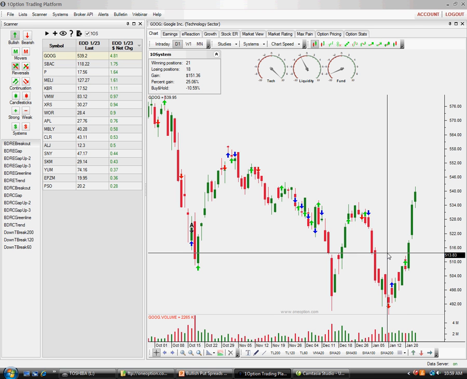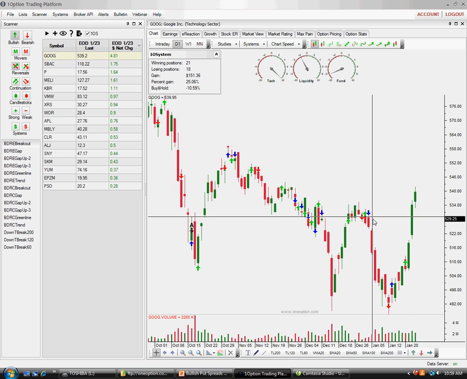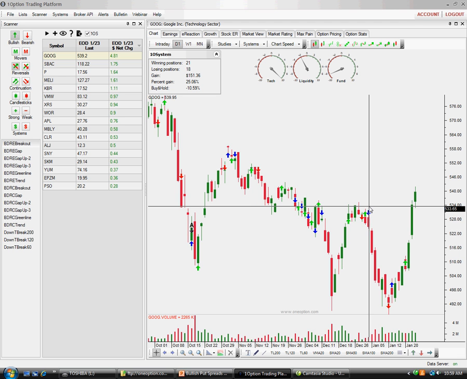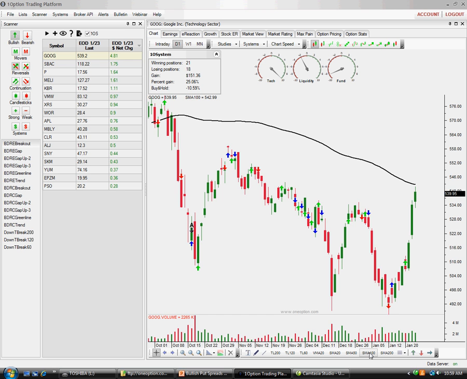Or you can start to look at it and play it a little bit safer. Right now, you've got to take a pass because earnings are coming up. But let's say the earnings were behind us. Now you can look at this price level right here and sell the 530, 525 put spread. I'm also going to overlay the 100-day moving average.